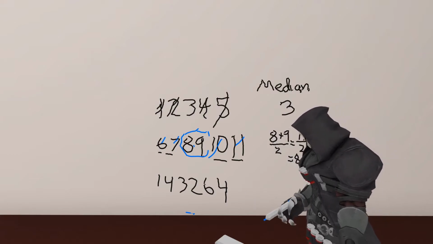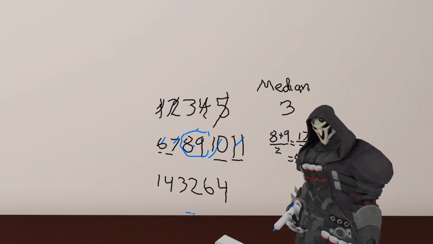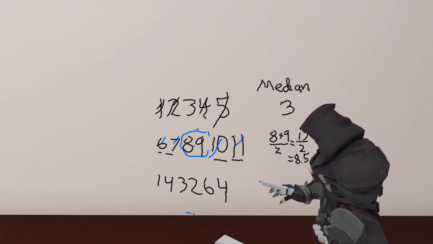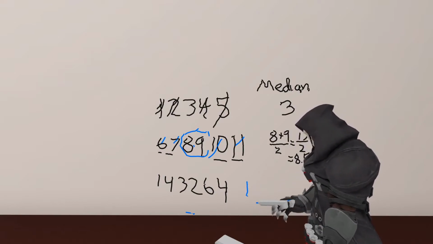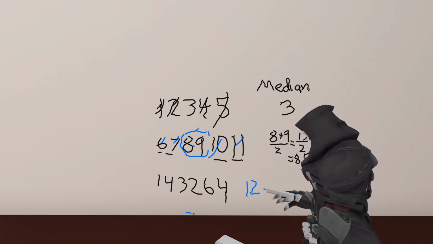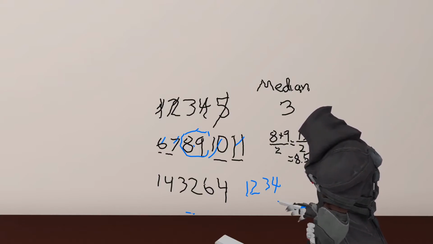Now what about this last set of numbers? Are they in order? Well, unfortunately, they're not in order, so we're going to have to reorder them. So we have the numbers 1. What comes next? 2? 3? 4?